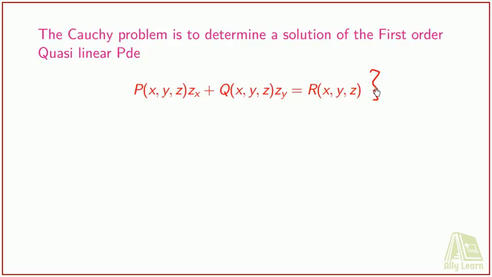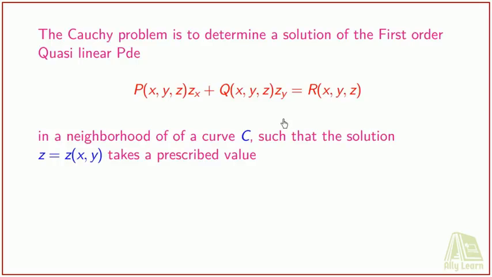Now, what we have to do in the Cauchy problem is to find a solution of this first order quasi-linear PDE satisfying some initial condition, and that initial condition we will tell you. So, we have to find a solution of this equation in a neighborhood of a curve C, such that the solution takes a prescribed value, say z0, on C.